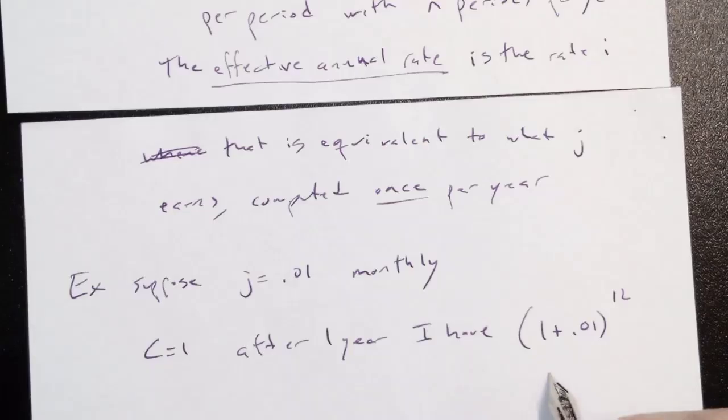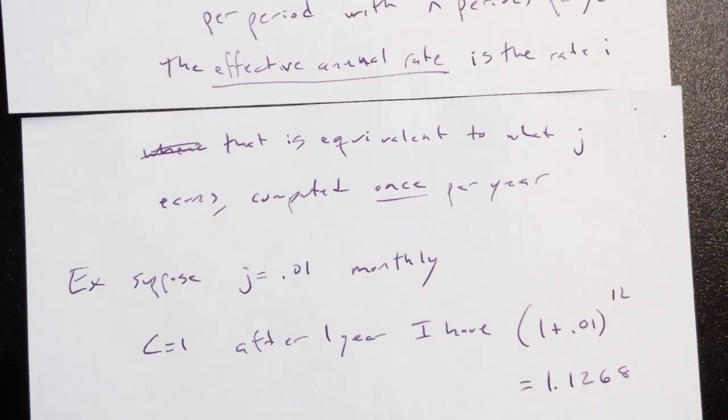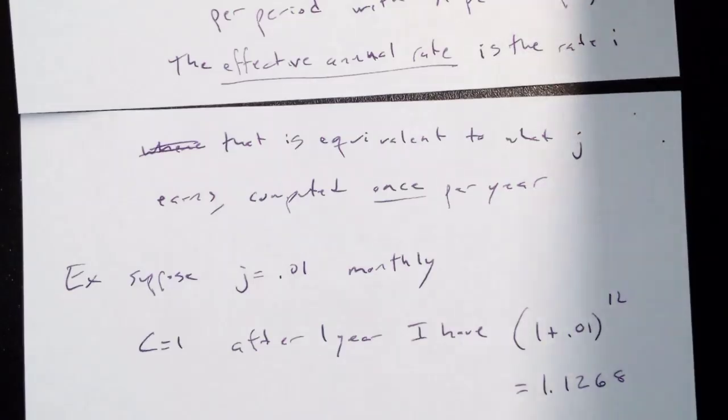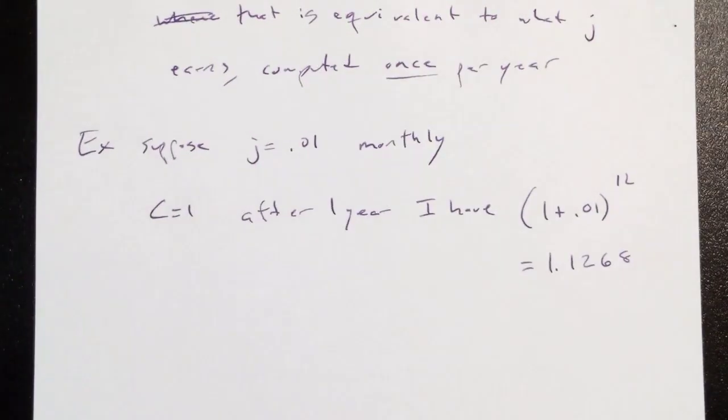Let's go with 4 decimals. 1.1268. So if I waited until December 31st before giving you any interest, I'd have to use this rate to make it match what it would have been if I paid you interest all along, right? Aha. So this is what I would do at 1 year rather than doing this every month. So these are equivalent. They result in the same amount of earnings.